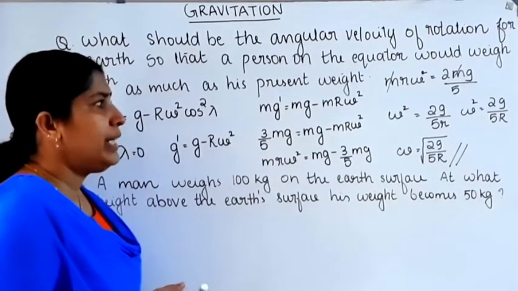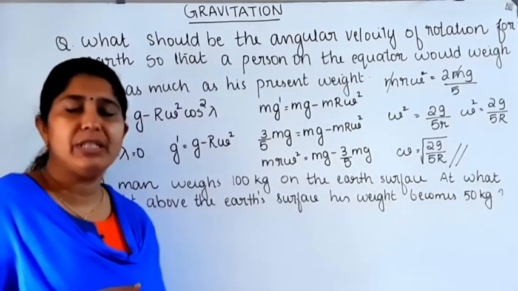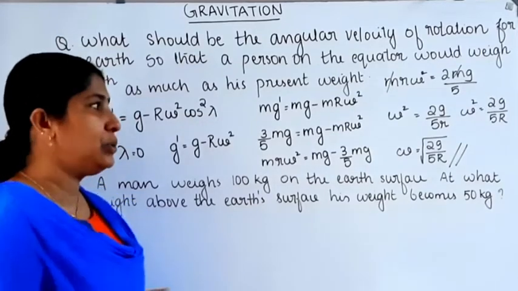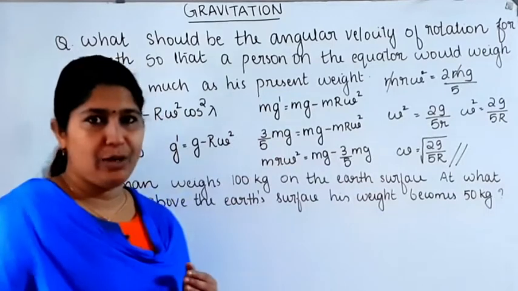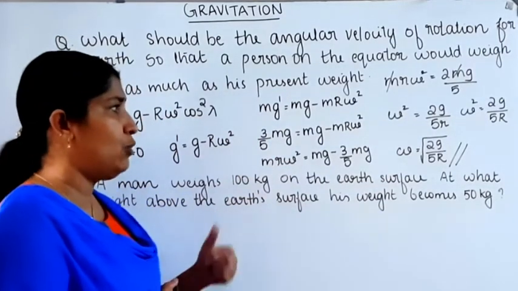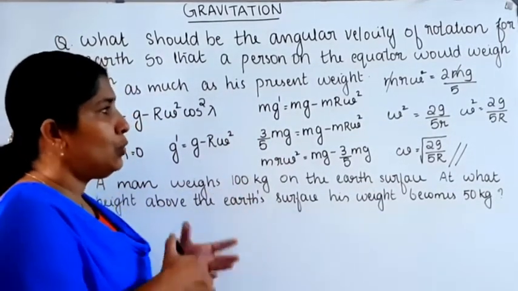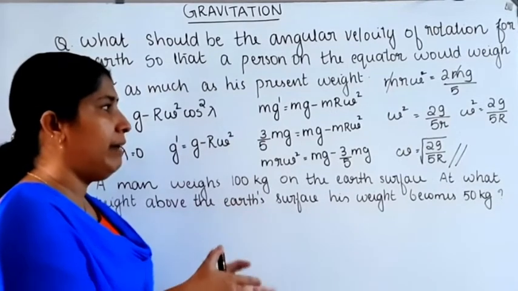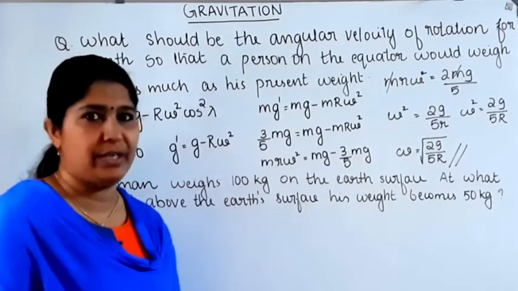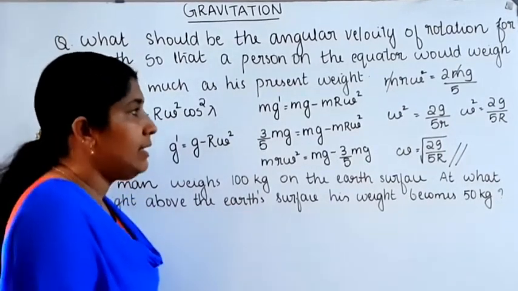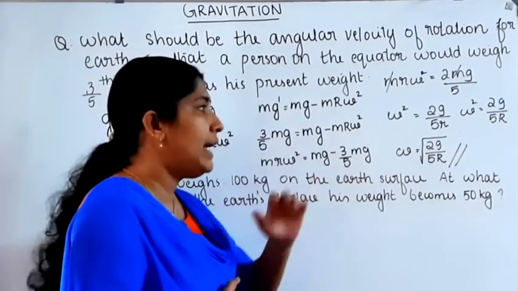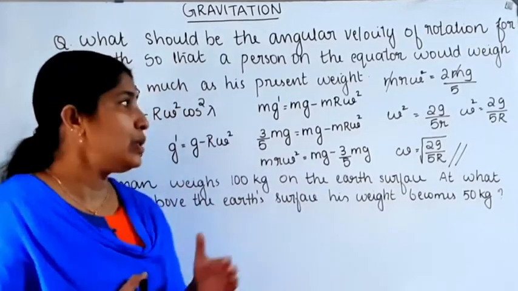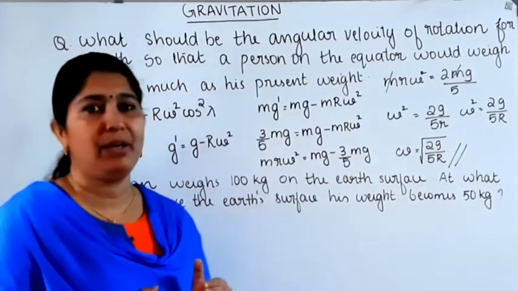Here we know the acceleration due to gravity is equal to 10, and capital R is equal to 6,400 kilometers. We can substitute those values. Then omega is equal to root of 2 into 10 divided by 5 into 6,400. If our answer is in numerical form, we can do it like that. Now, the angular velocity is equal to root of 2g divided by 5R.